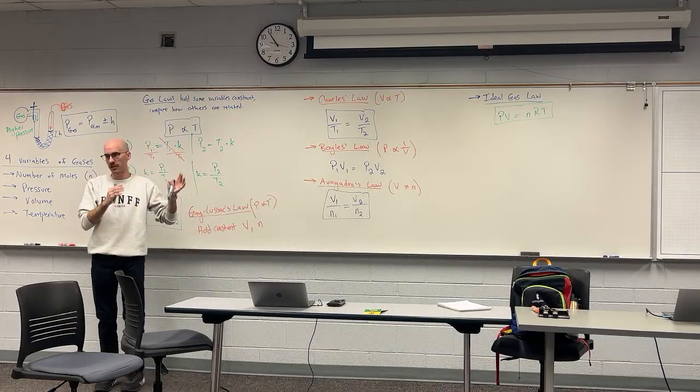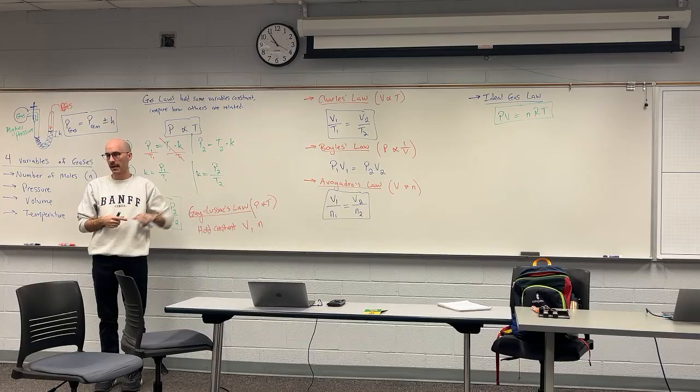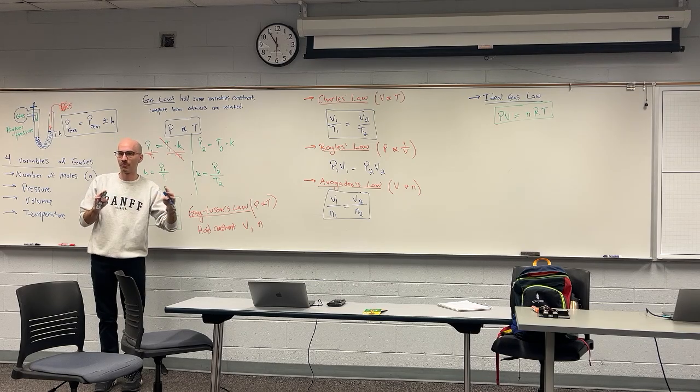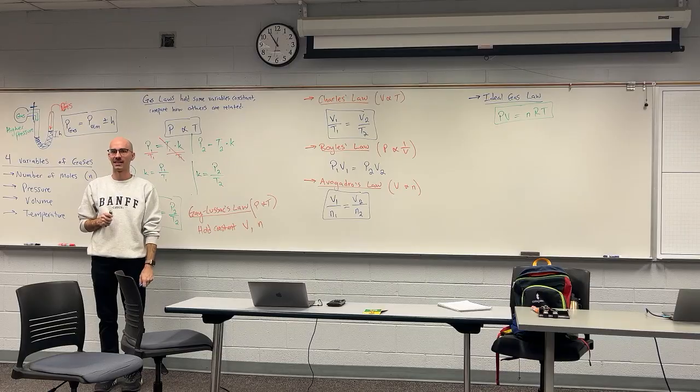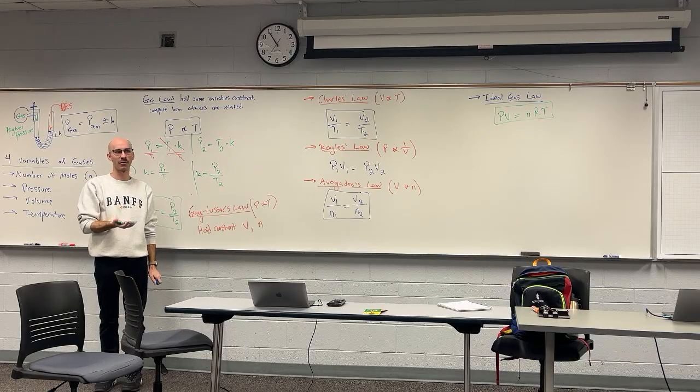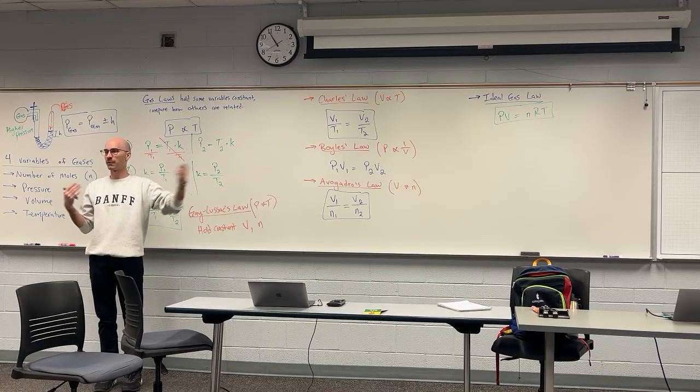And this is often pronounced as it's written. We pronounce it Pivnert. It's how you remember what variables go on which side of the equation. Pivnert, PV equals nRT.